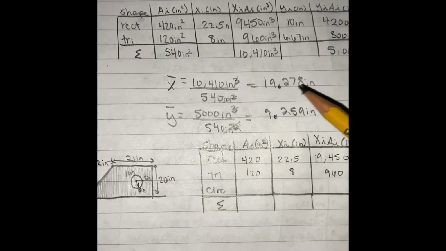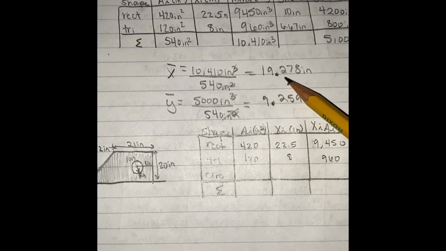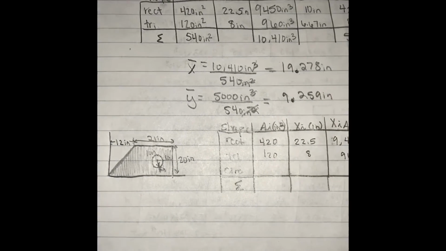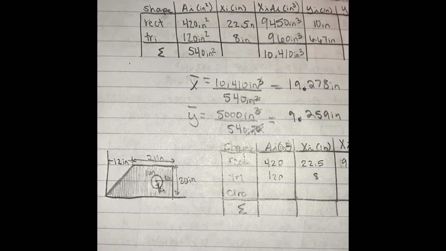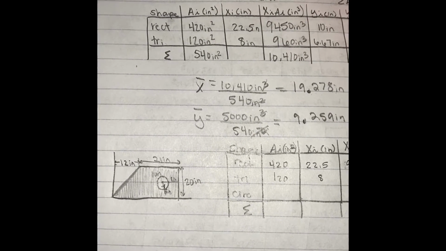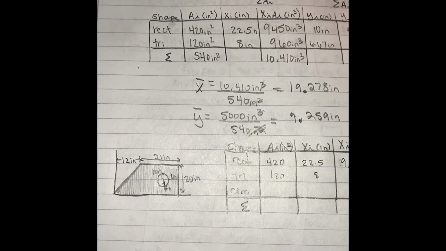So in the last example, we found that our centroid was, for the x, 19.28. So that would approximately be, for the total shape, kind of in this area. And then for the y, it was a little under halfway.